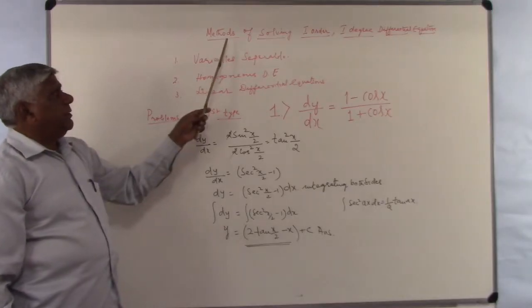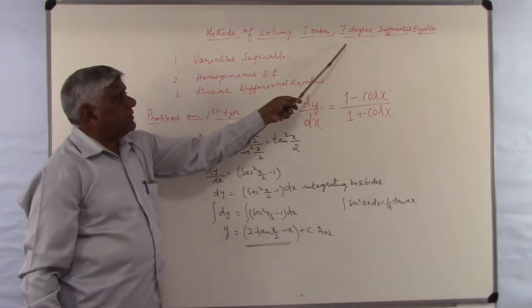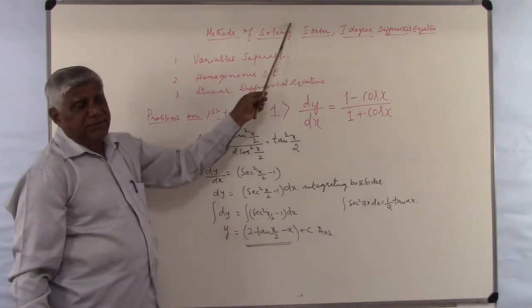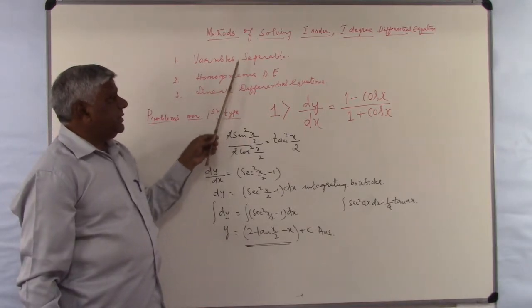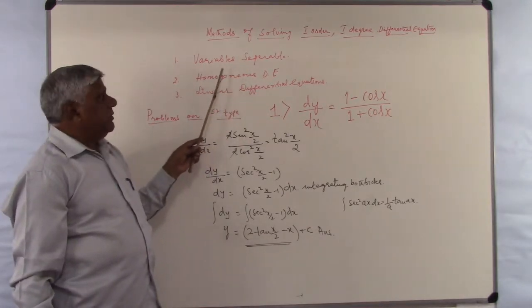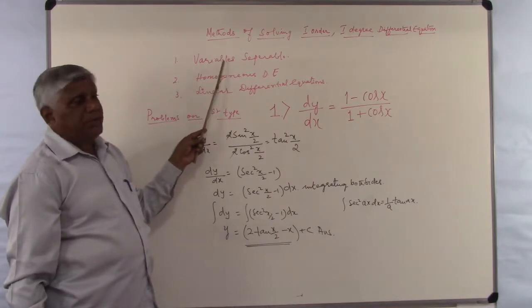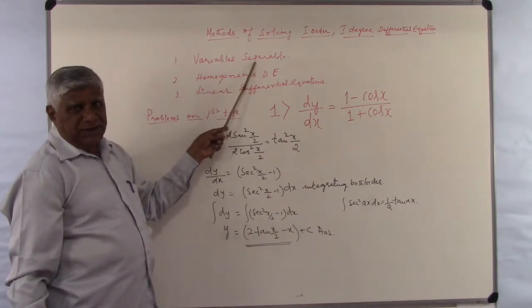Now, methods of solving first order, first degree differential equations. Here we have three types of differential equations. One, we can solve the differential equation by the variable separable method.